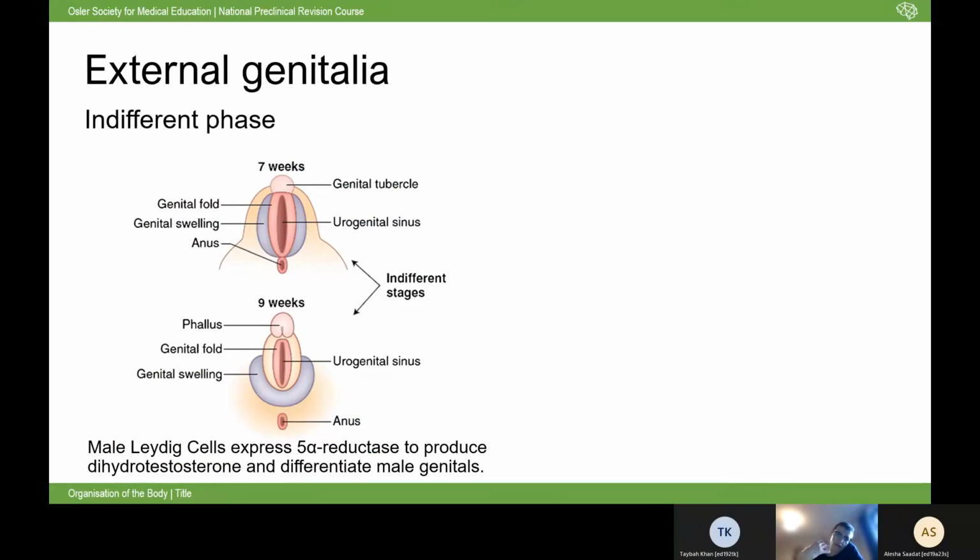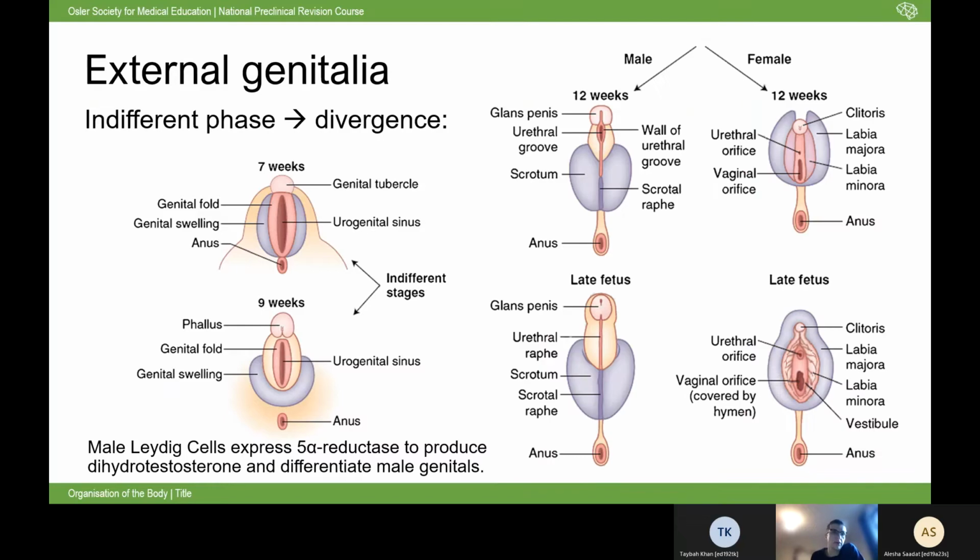There's also dimorphism at the external genitalia, and similar to the development of the gonads, we start with this indifferent phase where you can't tell which way it's going, and then the two diverge.